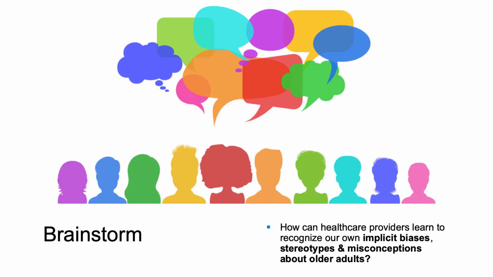How can healthcare providers learn to recognize our own implicit biases, stereotypes, and misconceptions about older adults? We need to be aware of these to provide better care, to provide age-friendly, dementia-friendly care to our older adults or community residents.